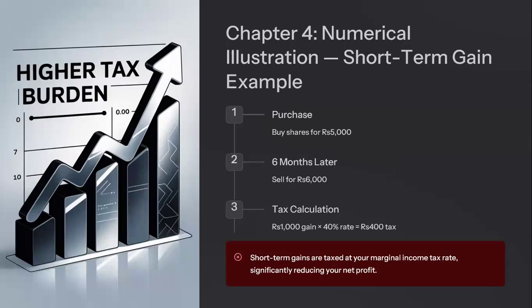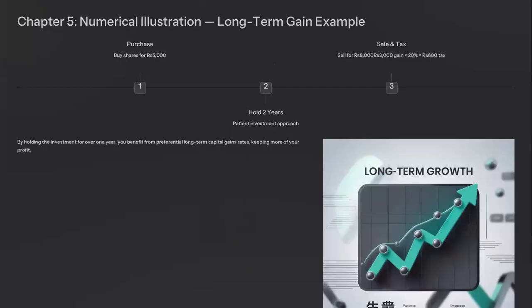So, whatever the extra 1,000 I'm getting, it is charged at 40% as capital gain. Suppose I purchase shares at 5,000 and after holding 2 years, I sell the shares at 8,000, then I need to find out the indexed cost of valuation.